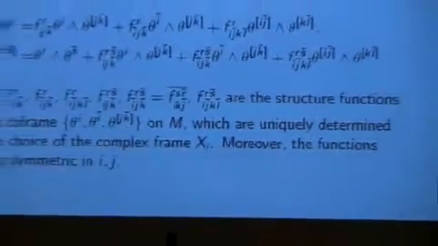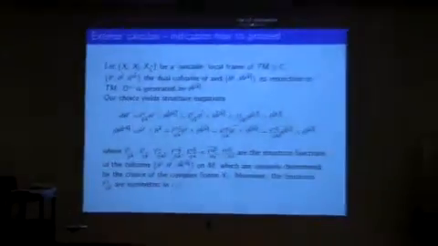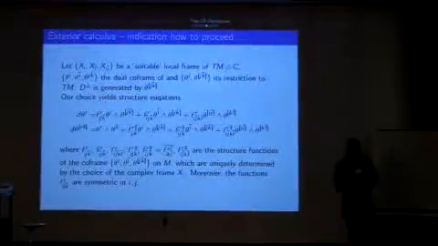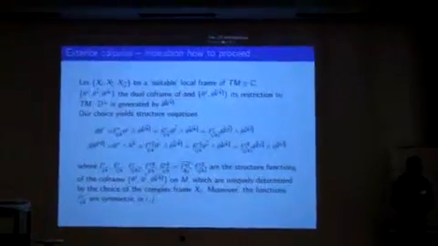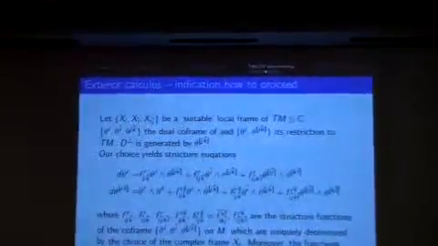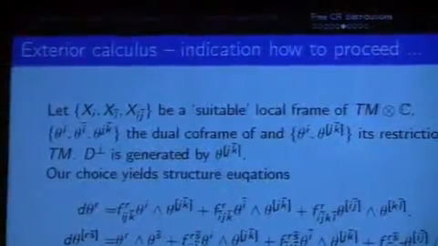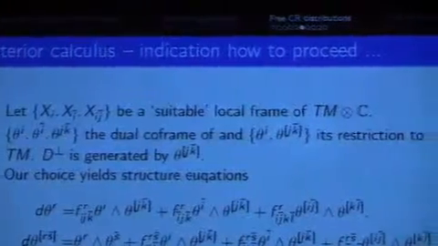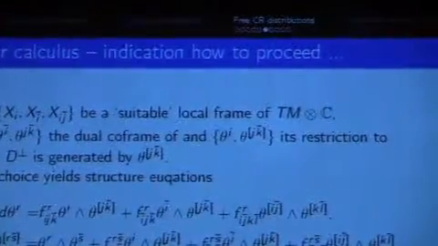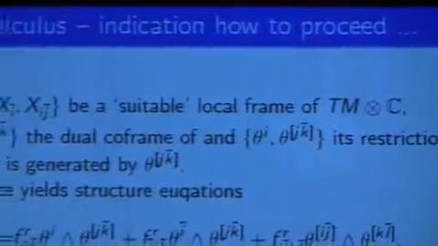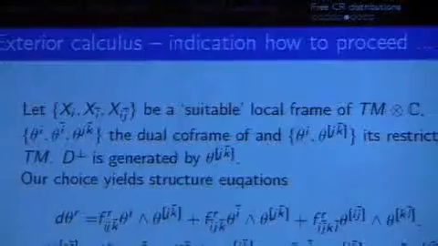Just to have a glimpse of how you can then compute the invariant, and I do it because I needed to start some exposition towards the Fefferman construction. So you just do the exterior calculus the very standard way. You pick your favorable local frame, which will be chosen in such a way that you complexify the tangent space.